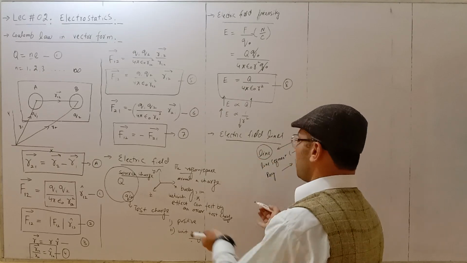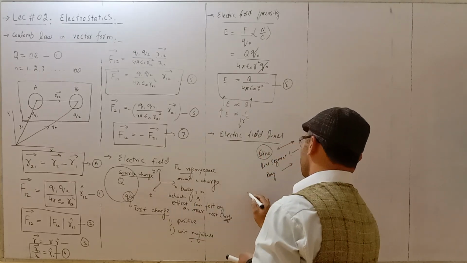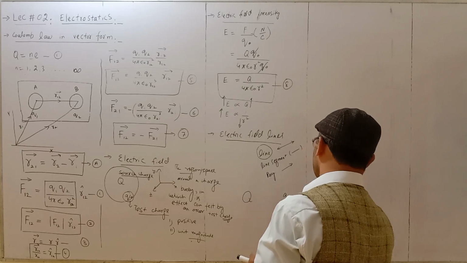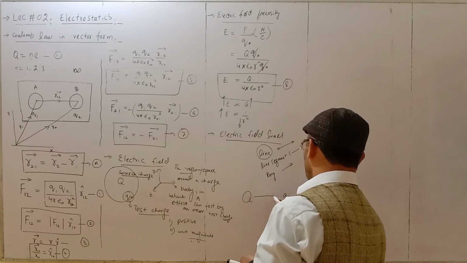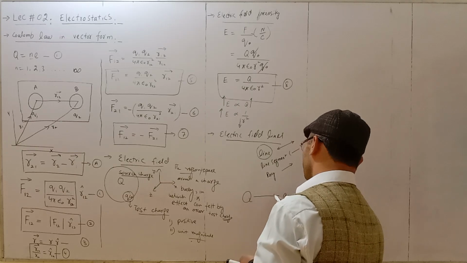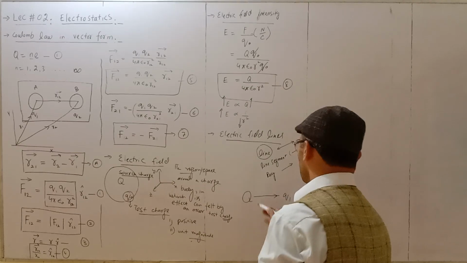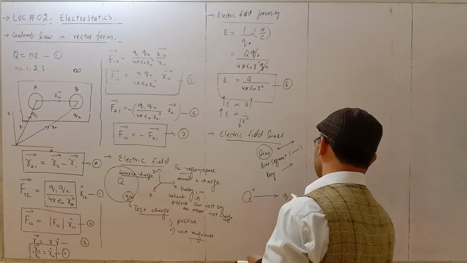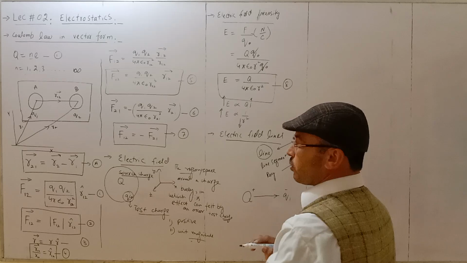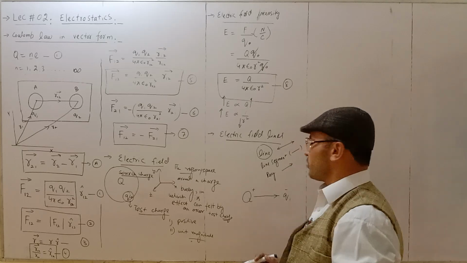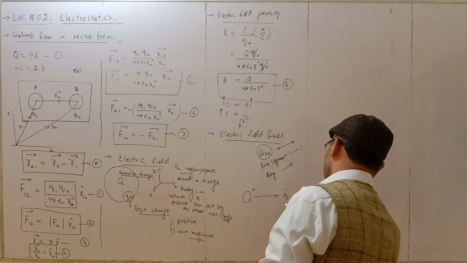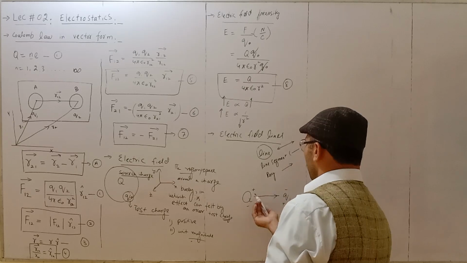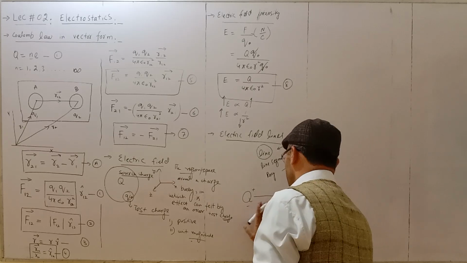So now, electric field lines. Suppose I have two charges, Q and Q1, and there is some attraction between them. Attraction is observed when they have opposite charges, so I take Q1 as positive and capital Q as negative.